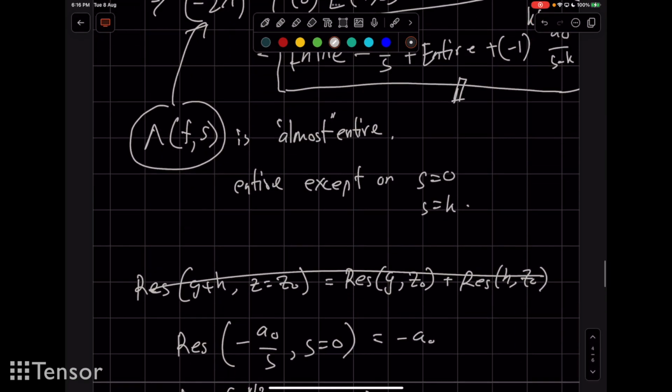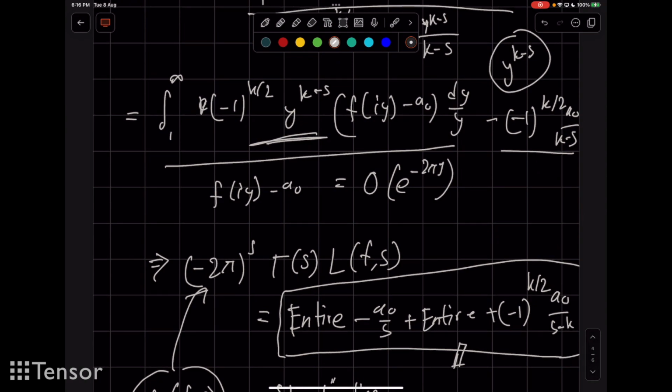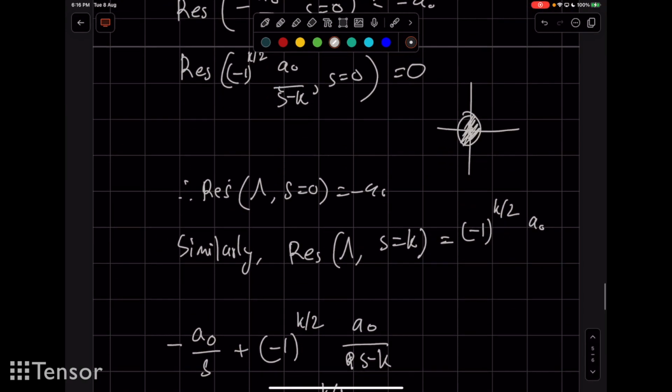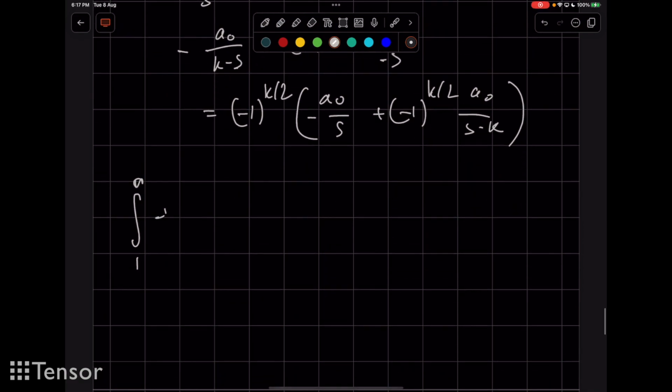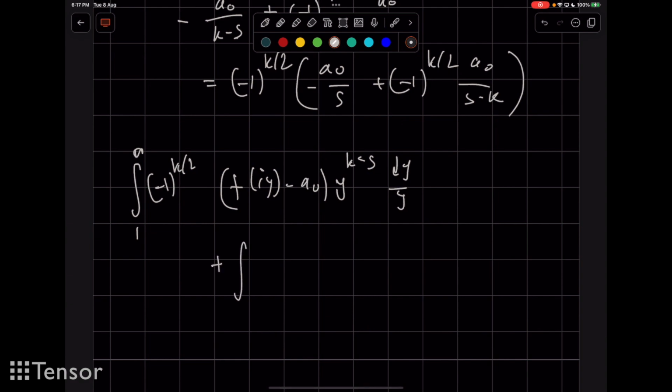How about the integrals? Let us write the integral. So the second integral is (-1)^(k/2) times the integral of f(iy) minus a0, times y to the k minus s, dy over y. And the first integral was the integral of f(y) minus a0, then y to the s, dy over y.